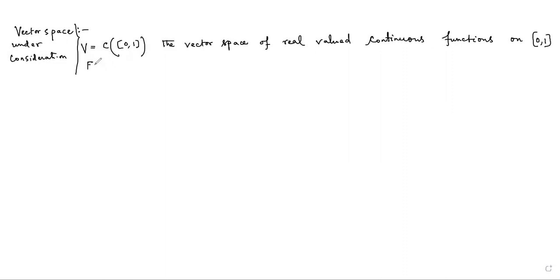Probably you can recall that for this sort of vector space, if we consider the functions f, g belonging to V, the inner product can be defined as follows. Define the inner product between the two functions as f comma g equal to the integration from 0 to 1 of f(t) g(t) dt.